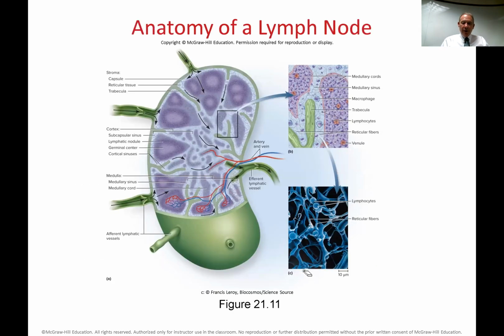So here's a lymph node. Lymph is flowing in this direction. So we have afferent lymphatic vessels. Then this lymph fluid gets sent into the lymph node, and the lymph node does what the lymph node does to it. Cleanses the lymph fluid.